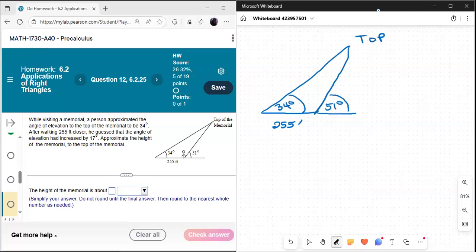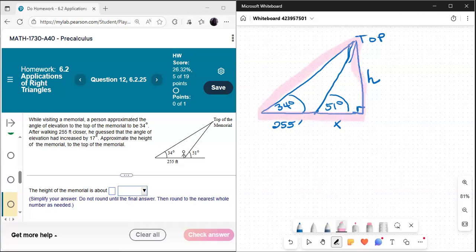So we want to know what is the height here. Now we have our right triangle, and there's H. I'm not sure what this distance is, so I'll just call it X. Now I've got my right triangle defined in this larger outline here.